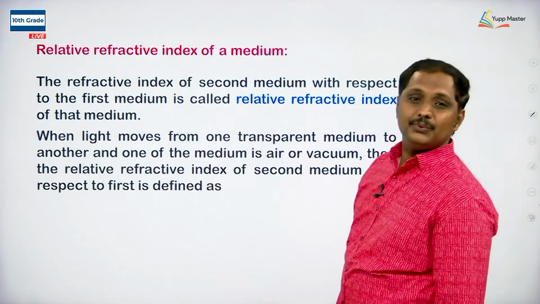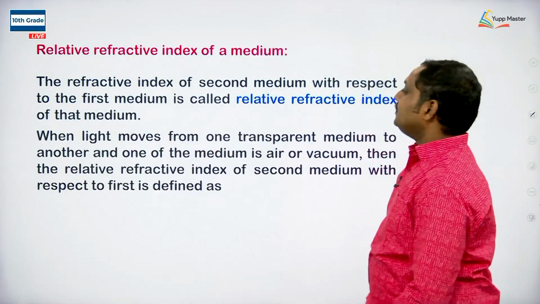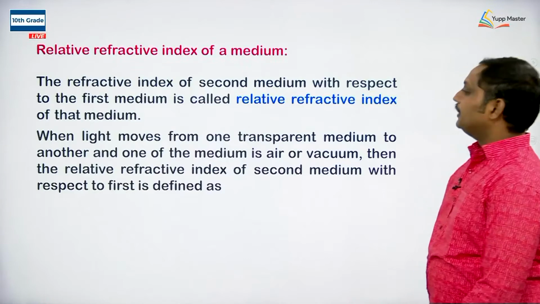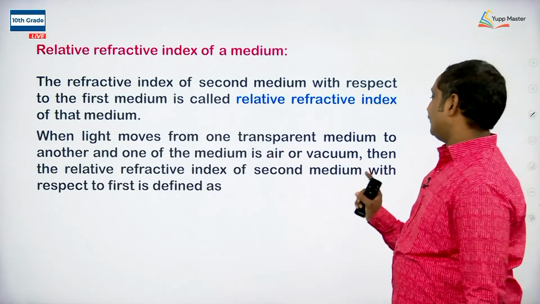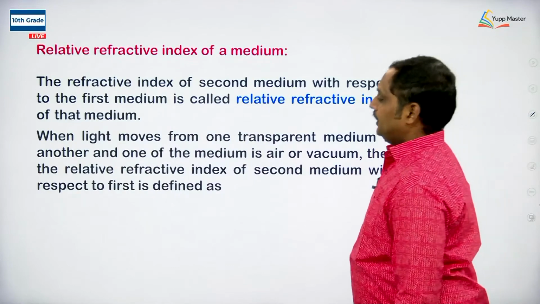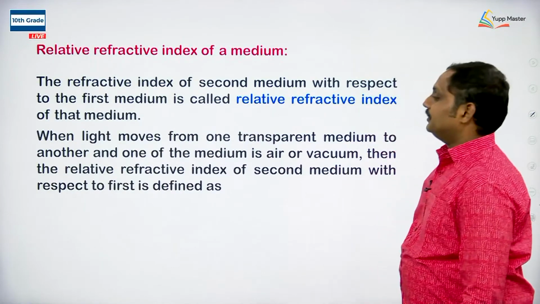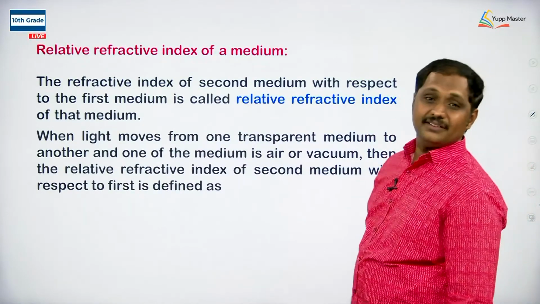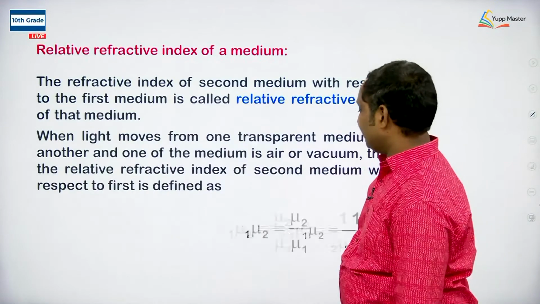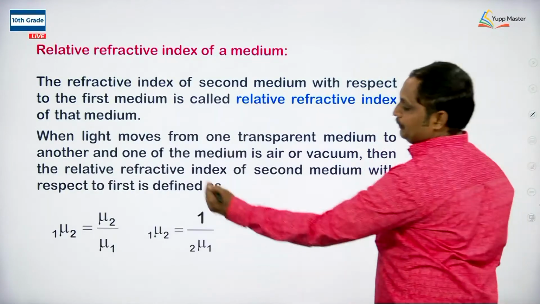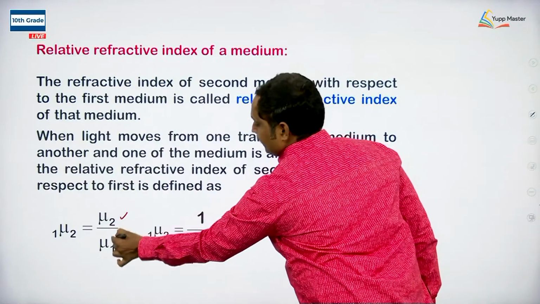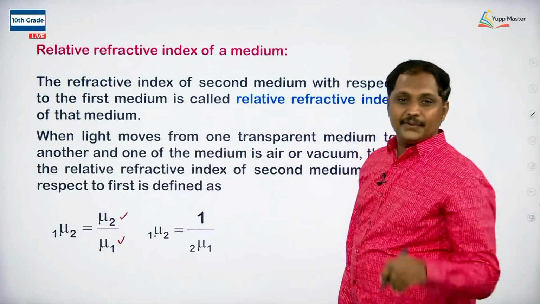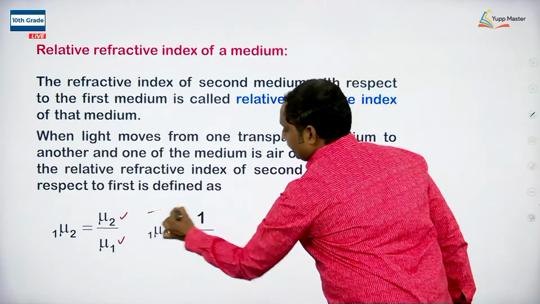as mu 2 1. When light moves from one transparent medium to another transparent medium, air or vacuum, then the relative refractive index of the second medium with respect to the first one is defined as mu 2 1, that is mu 2 by mu 1, or sometimes you can take the reciprocal also.